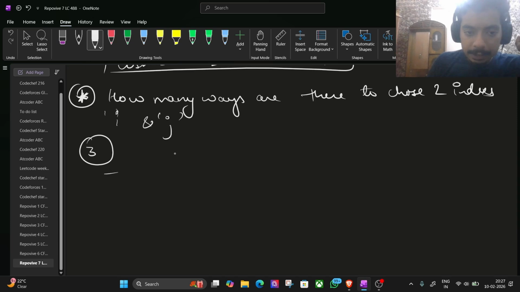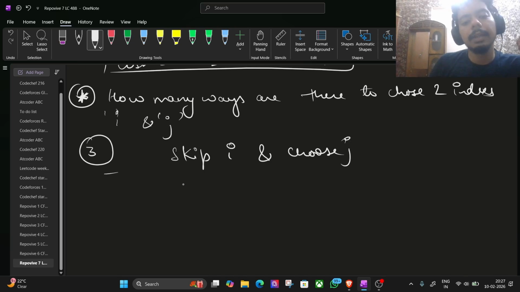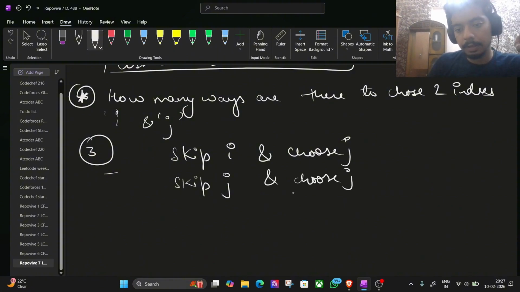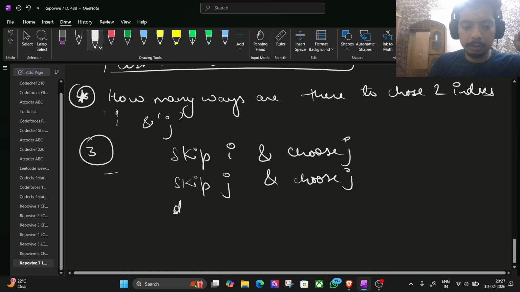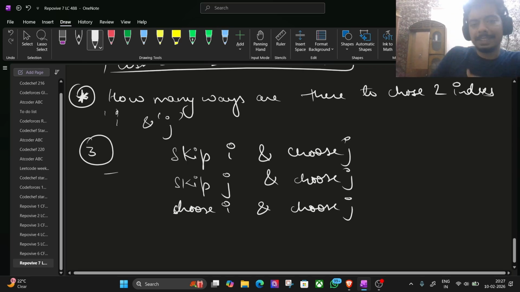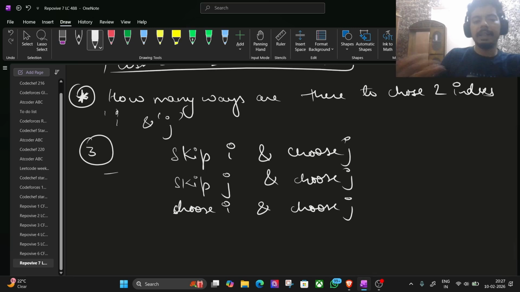First way is skip I and choose J. Second is skip J and choose I. Third one is choose I and choose J. Skip I, skip J is not a valid way to choose, because we have to choose. These three are the only ways to choose.